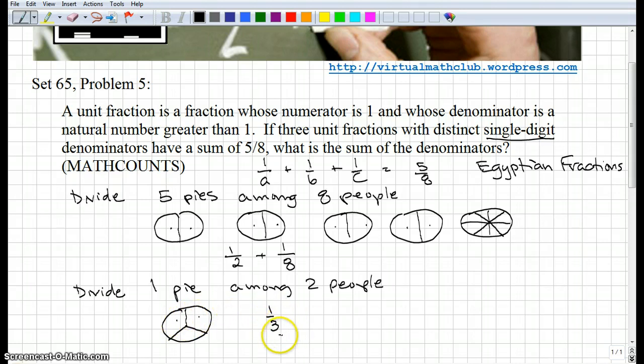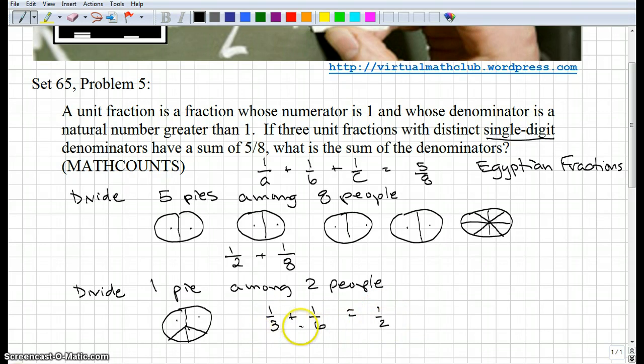And then we'd have to divide this remaining 1/3 into 2. So they would get a third plus half of a third, which is a sixth. So a half is equal to 1/3 plus 1/6. If we add that together, we'll get a half.